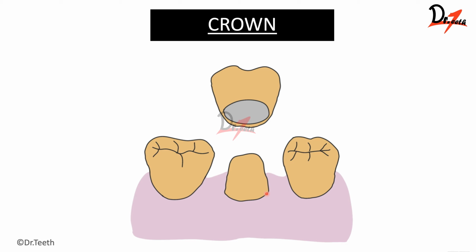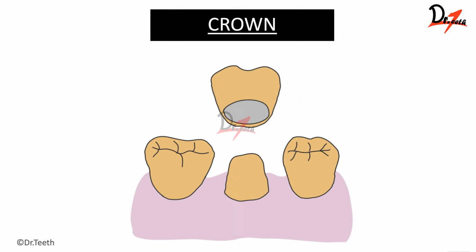The crown can cover the whole tooth structure, which is the full coverage or full veneer crown, or it can be a partial coverage crown or partial veneer crown, in which it covers the tooth structure partially, not completely. Not all the surfaces will be covered.